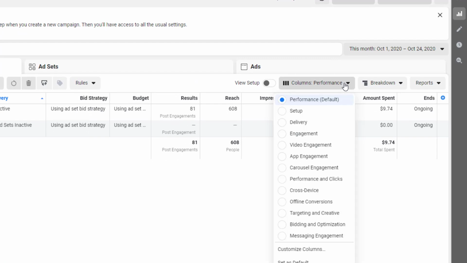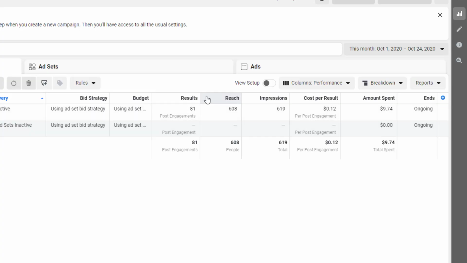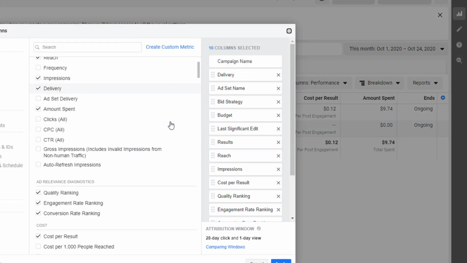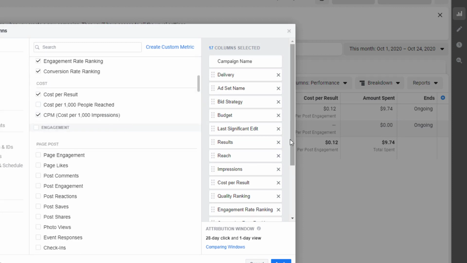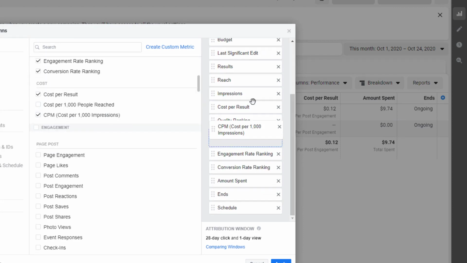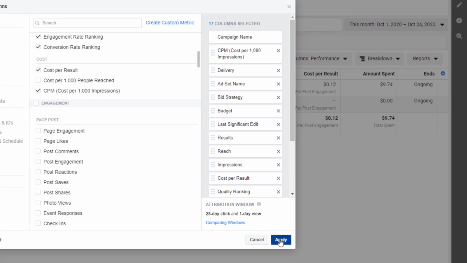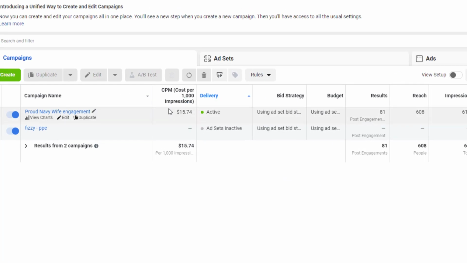I can have a look at the CPM. So if I select CPM, apply, and there you go. Yep, so it is about $15 or $16 per CPM, which is very high.